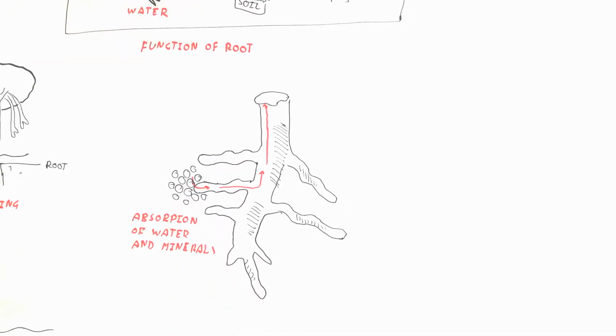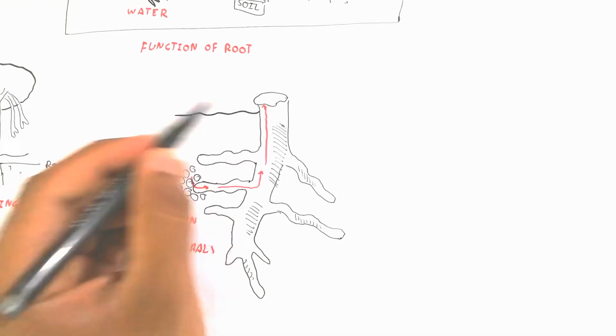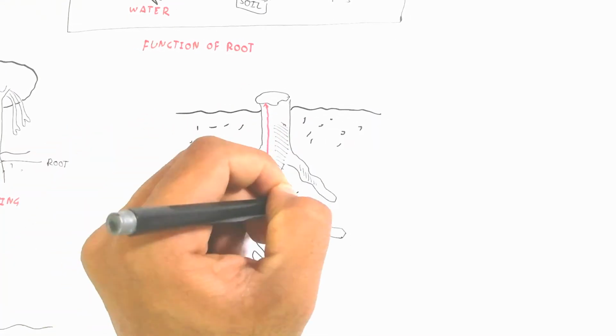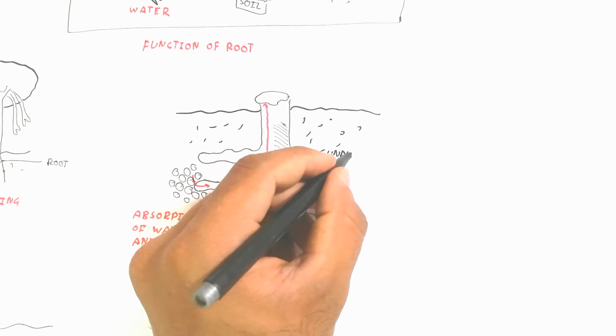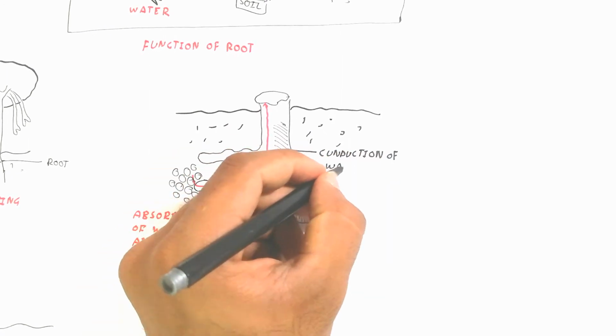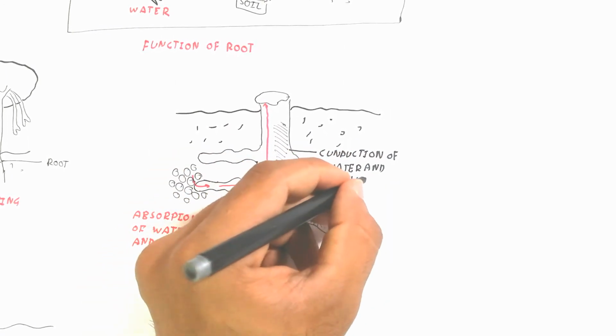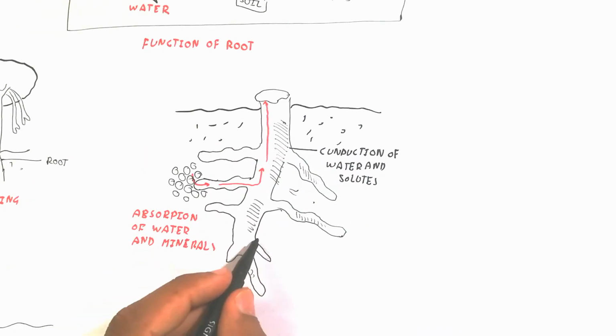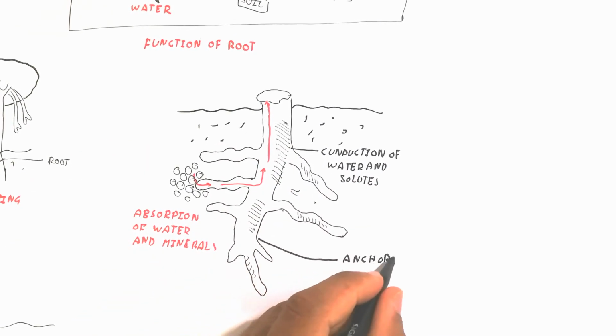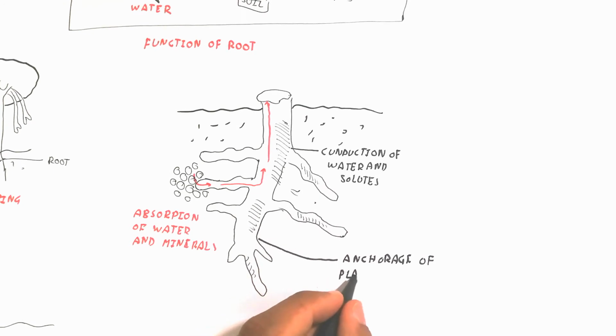So here is the soil, where water and minerals are absorbed and go into the roots and upper sides. And this is basically the anchorage of the plant in soil.